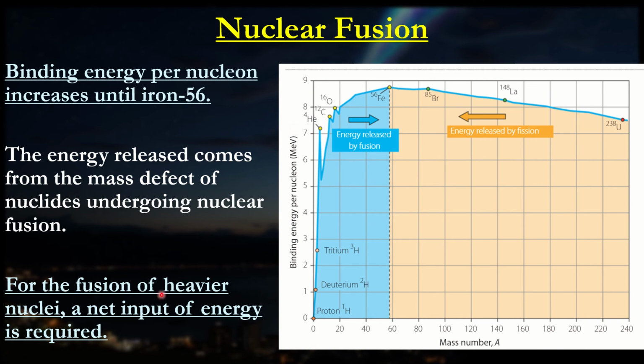So for the fusion of heavier nuclei, so anything over here, to actually cause these atoms to bond together, a net input of energy will be required in order to get these heavier nuclei to collide with each other.